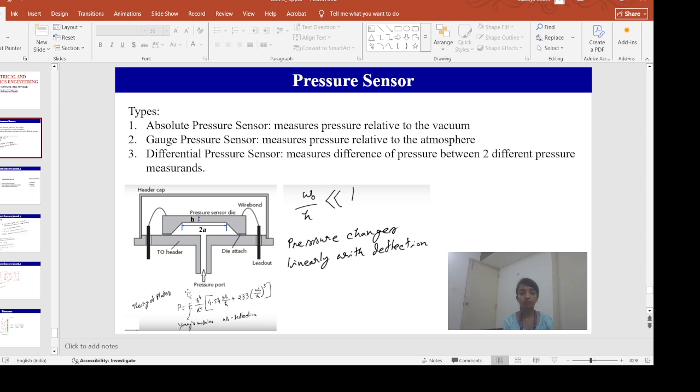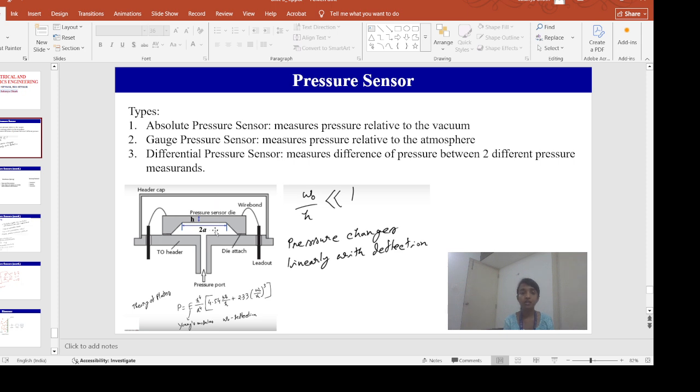The pressure is coming from the pressure port, like from a gas chamber, for which we want to measure the pressure. The top side of the membrane is at vacuum, and the bottom side has some other pressure, which is connected to the gas chamber for which we want to measure the pressure.